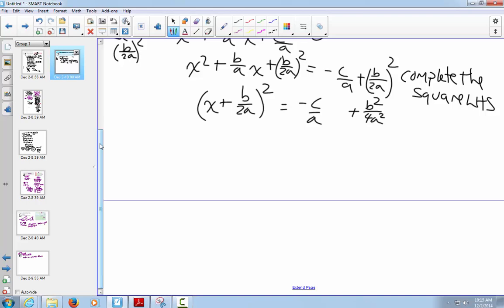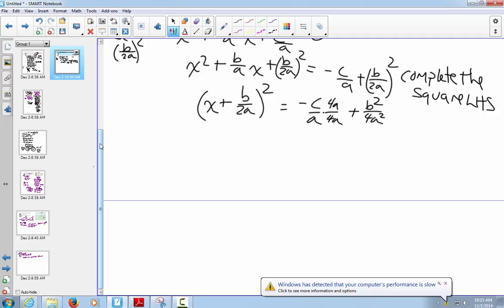So we need a common denominator over on the right-hand side. So what we're going to do is multiply this by 4a over 4a. And that is going to give us negative 4ac plus b squared, all divided by 4a squared.